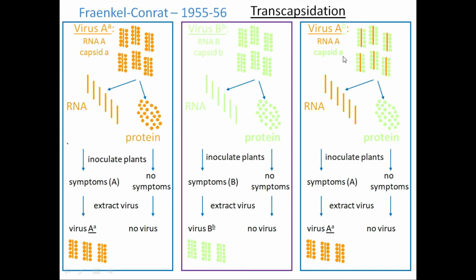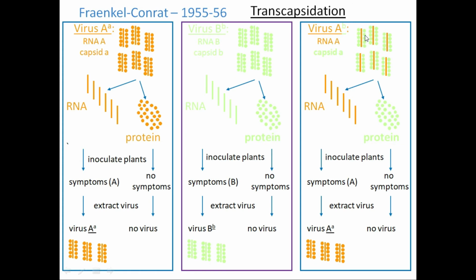Now, the beauty of this study is here. Now say RNA of virus A and protein of virus B, or capsid, okay, they are mixed together. So we get reconstituted virus.